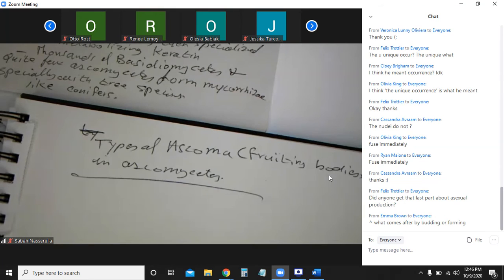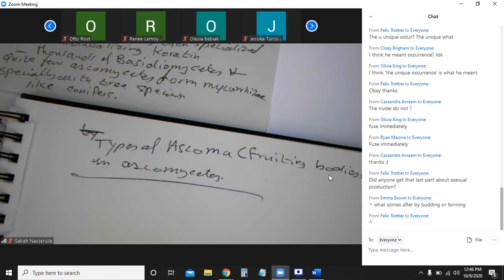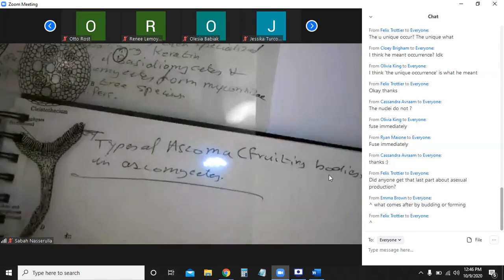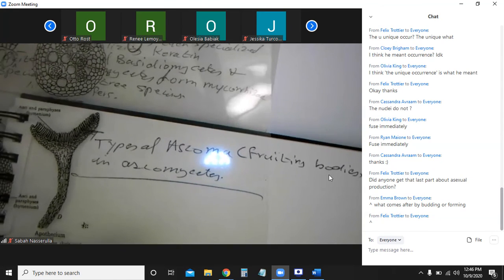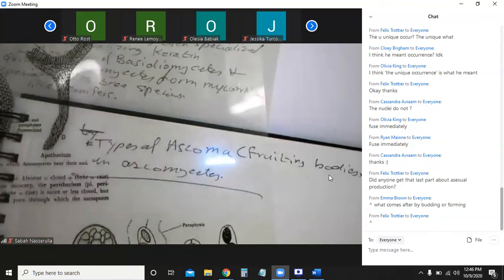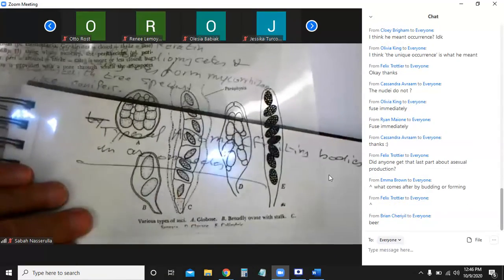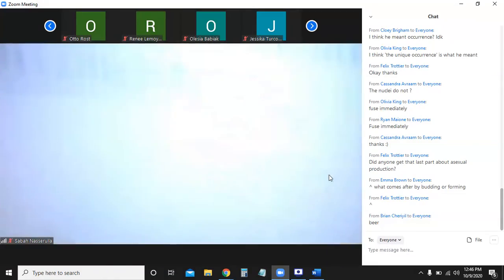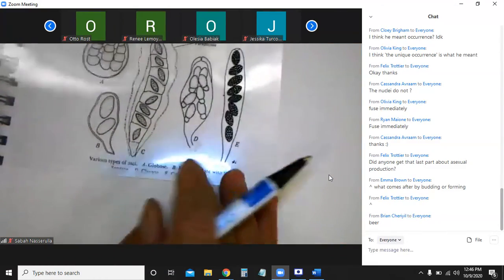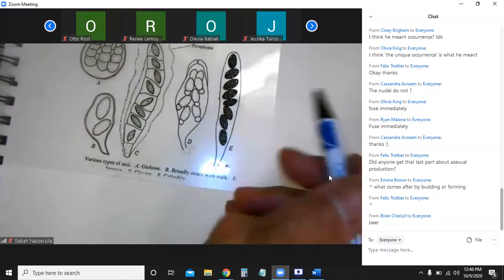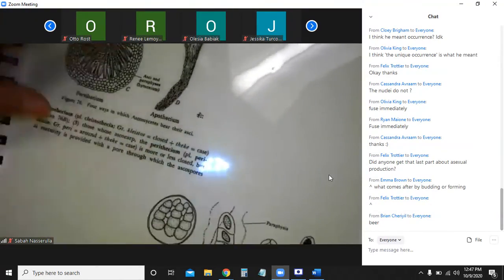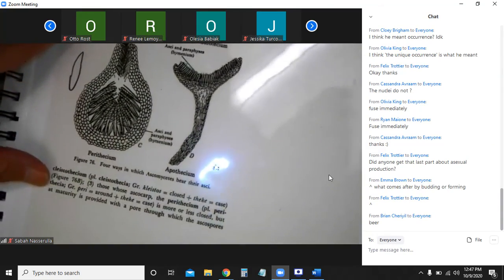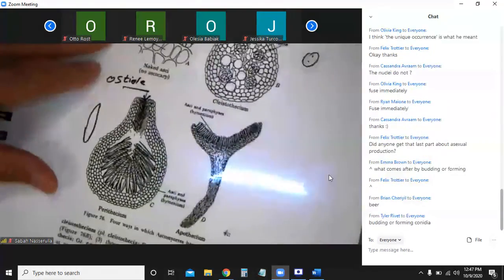You remember when I talked about when meiosis occurs, and this is sexual reproduction, they produce an ascus like this one here, with the ascospores. Later on, they can develop a fruiting body. There are 4 types of fruiting bodies produced by the ascomycetes.